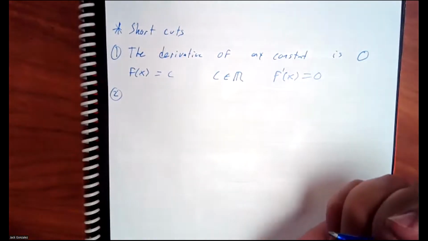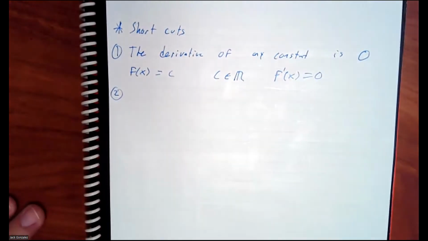So that's just called the constant rule, or derivative of any constant. So if you have a number, derivative is always 0. Doesn't matter what number it is. It's pi, a fraction, a decimal, a negative. Who cares? It's going to be 0.